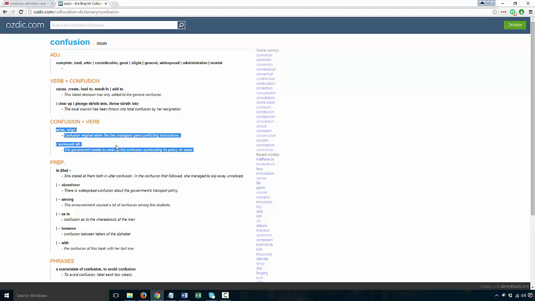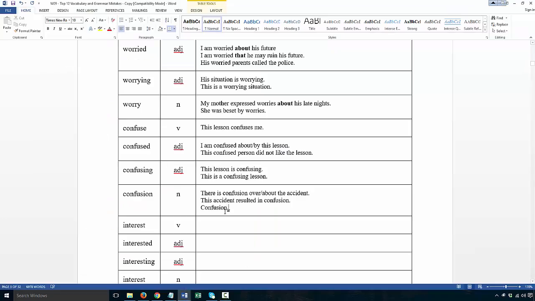Even as I read this, I know it sounds very natural because it's something that you would hear. Confusion reigned in something. Confusion arose. Confusion surrounded something. So you can say confusion surrounded the election of John. Say a political election. All right, so this is how you use confusion as a subject.